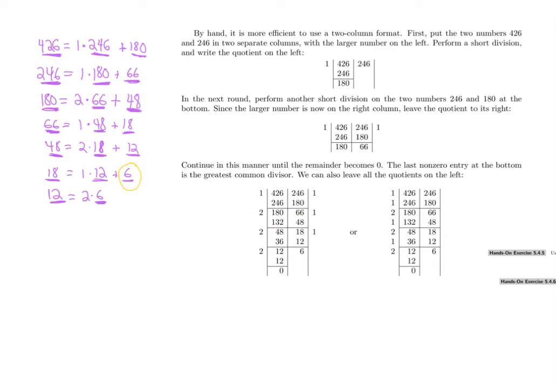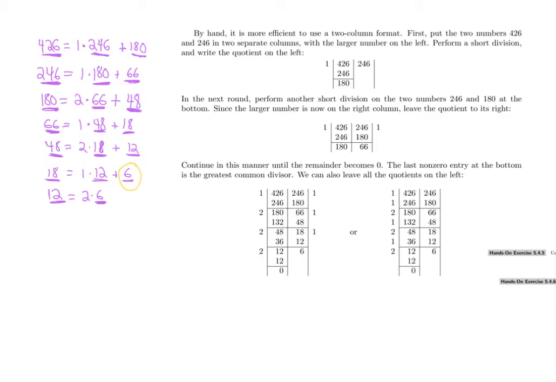So then you subtract 180 minus 132, you get 48. This 48 here corresponds with that 48, and so that's why they're filling in this 48 here. The quotient between 66 and 48 is 1, so that's why there's a 1 here. Subtract, get 18. And then the 48 minus 36 is 12.